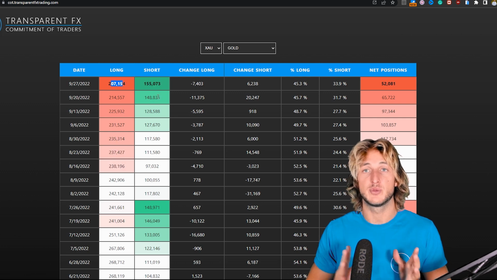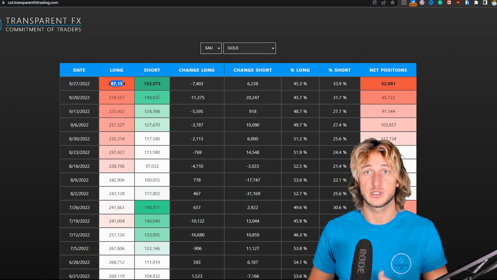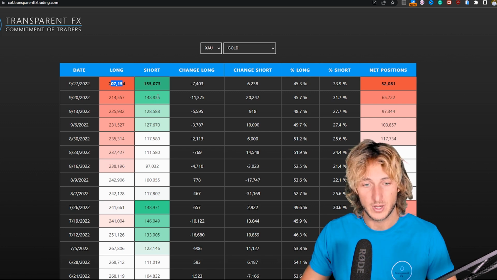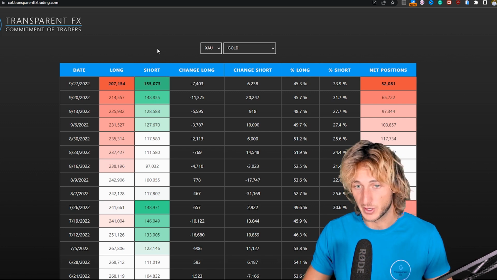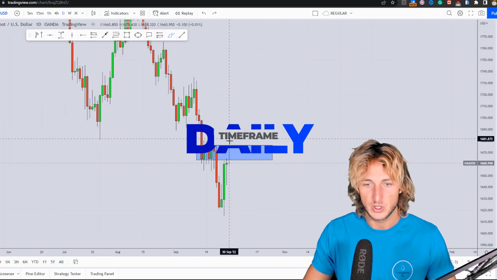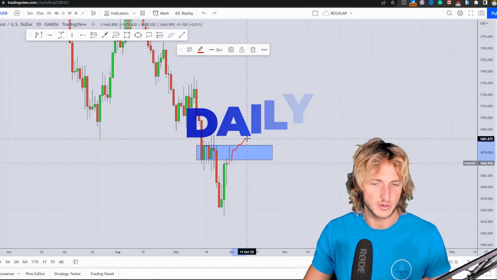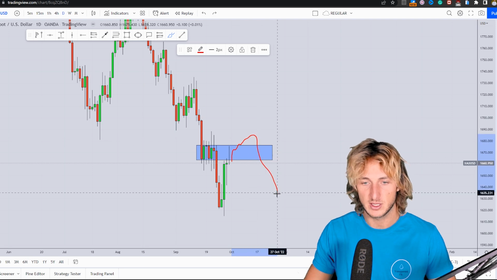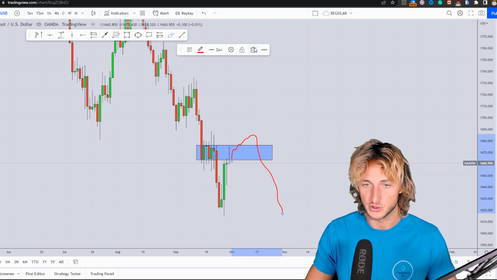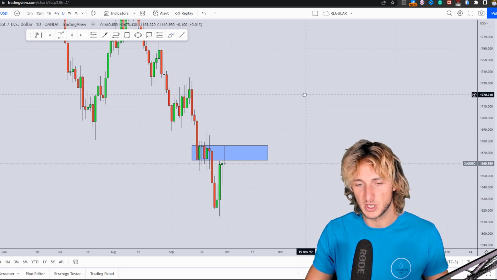So clearly the positioning is shifting to the bearish side for gold, when it comes to the institutional part of the market. So this means that we could definitely see the market, after maybe a stop hunt to the upside, provide more bearish continuation. This is definitely a possibility.